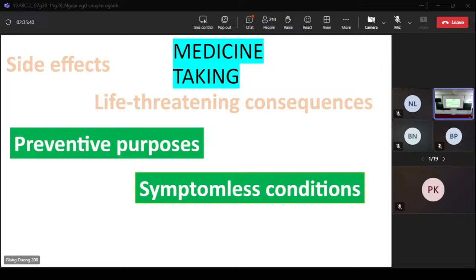Or the situation with my mom. She's got some problems with her heart, but she didn't know that. The doctor didn't know that until one day she went to the hospital and through some tests, the doctor diagnosed that she got some blocks in her vein. Okay.